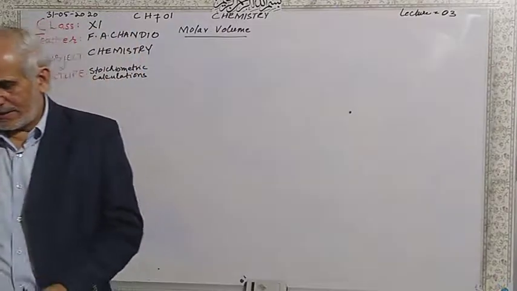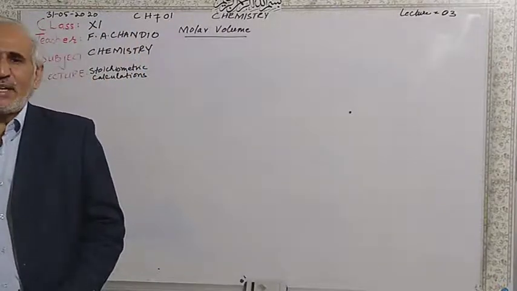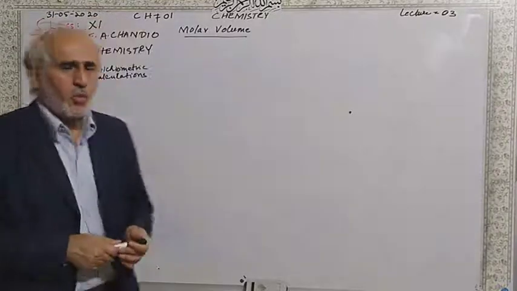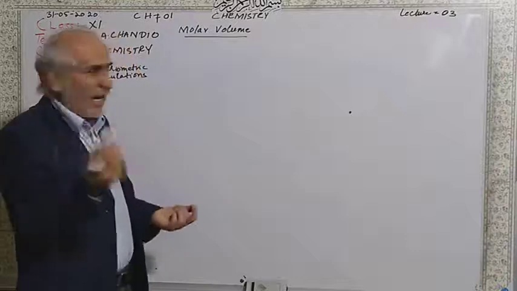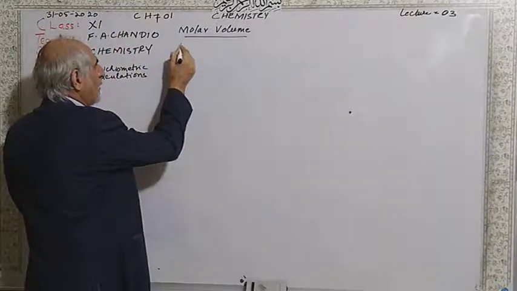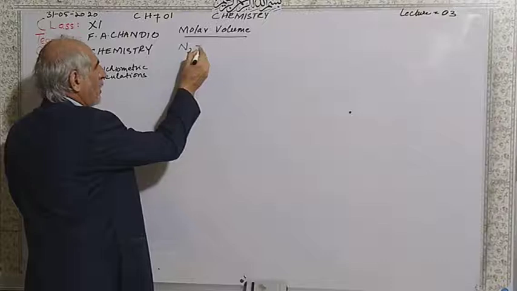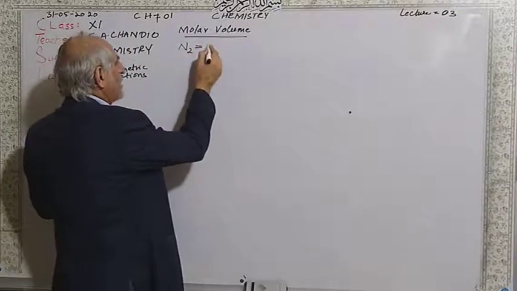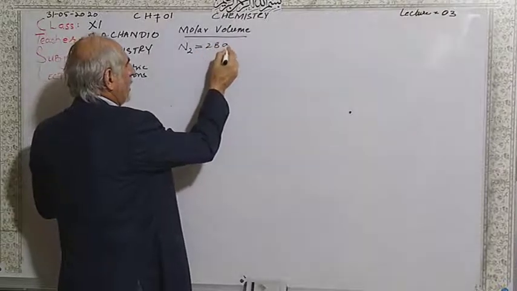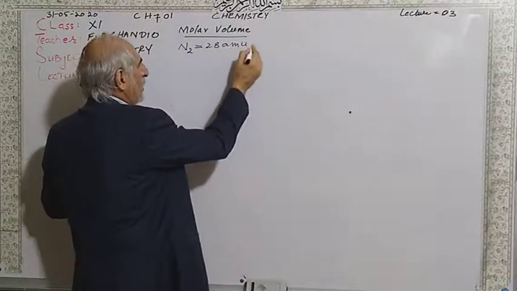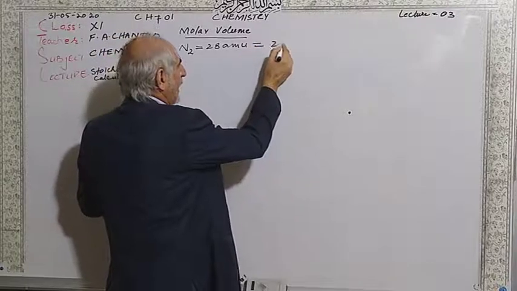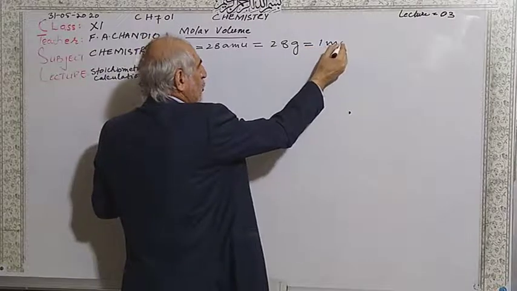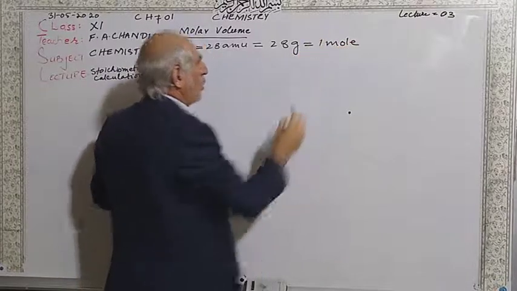One mole of gas at standard temperature and pressure is called molar volume. Suppose we have an example, nitrogen gas. Its mass is 28 AMU, so 28 grams should be equal to 1 mole.